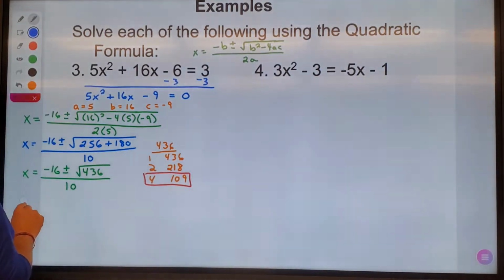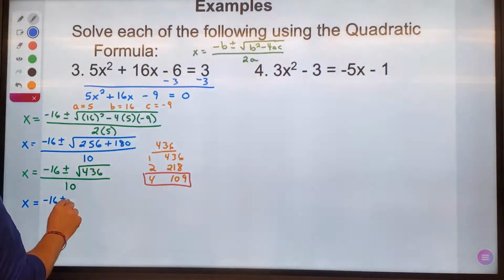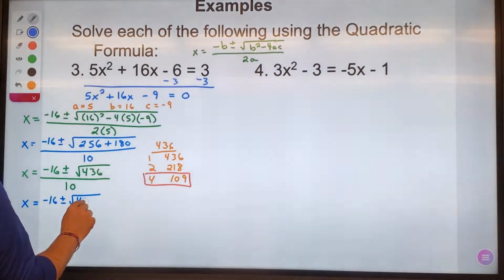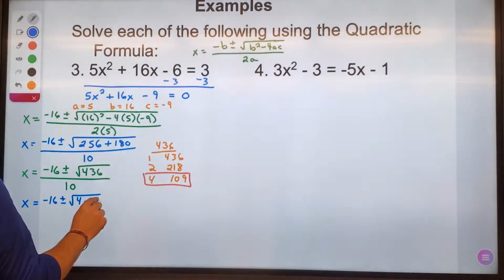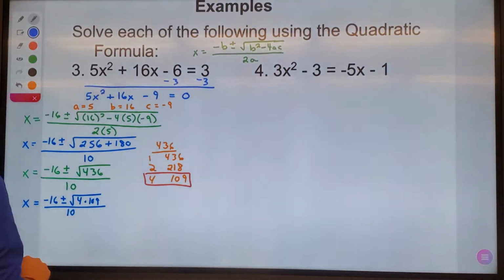And again, I'm going to separate this. So x equals negative 16 plus or minus square root of 4 times 109 all over 10.